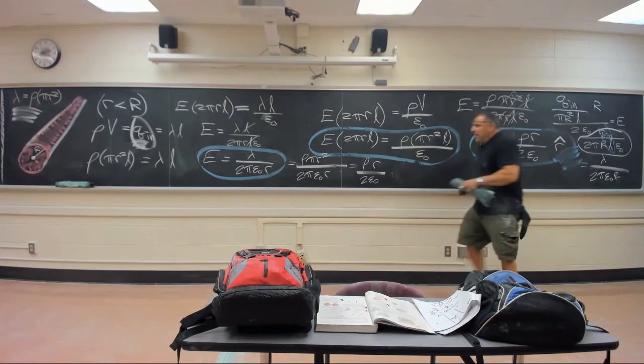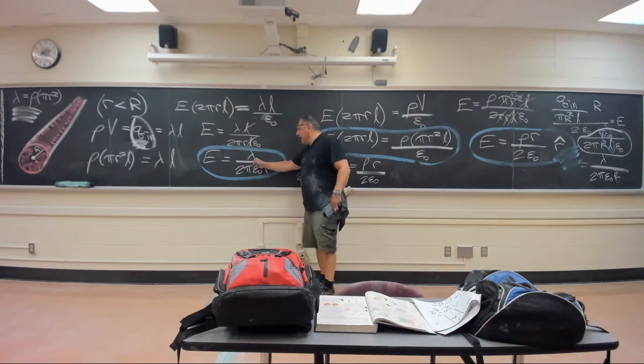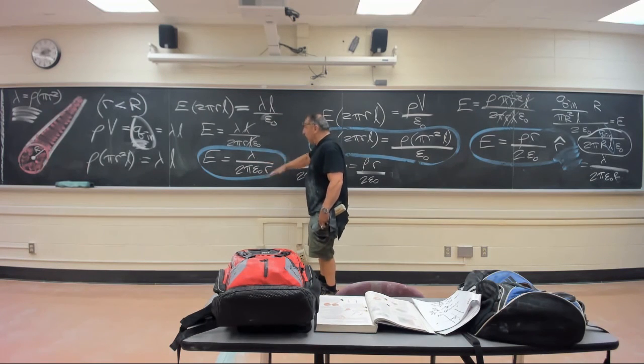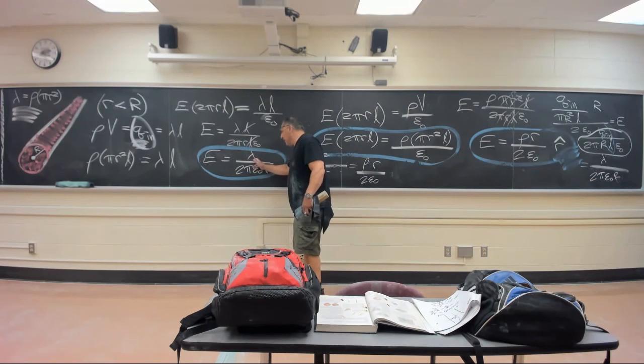Now remember, this thing associated with lambda is a very, very thin wire. So you're going off the wire by a radial amount, a radial distance away from the wire, capital R amount, a perpendicular distance from the wire.